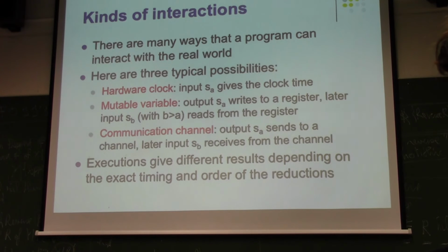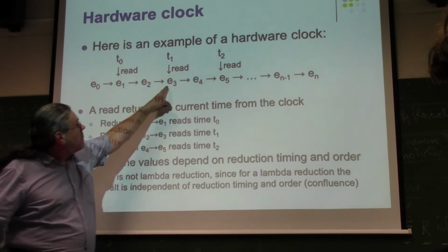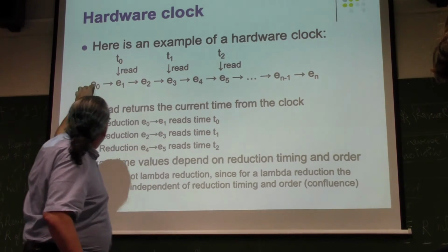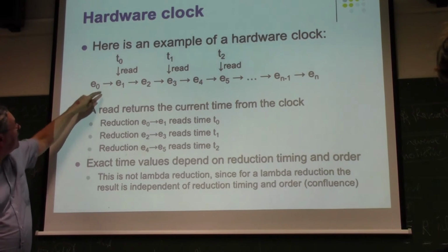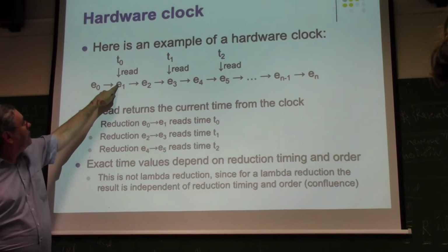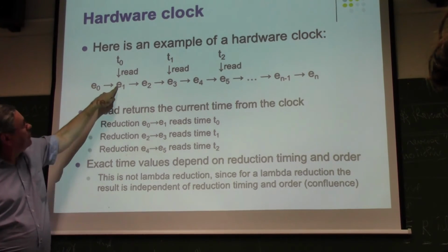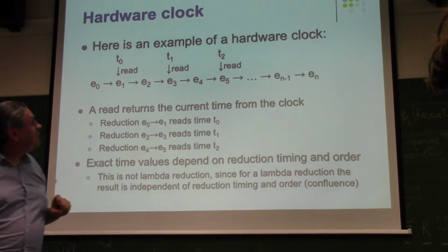Okay. So let me go and be more precise. Here's the hardware clock. Here's my reduction, my declarative reduction. But some of these are actually reading. From E0 to E1, I'm actually reading the hardware clock, T0. So E1 will know this value. It reads time T0.